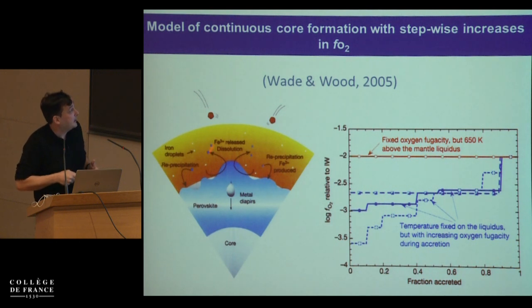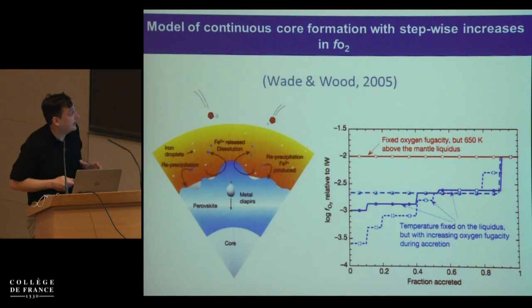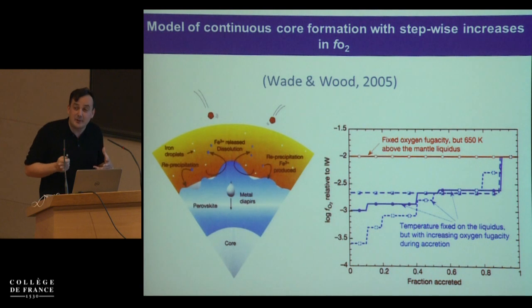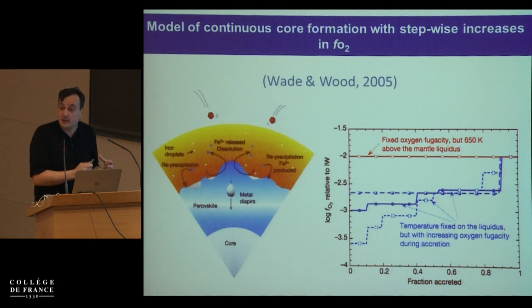And they, in fact, solved the same problem. They matched the composition of the Earth's mantle using a model where they actually changed the pressure and temperature during the growth of the Earth. But then, to actually fit all of the elements that they wanted to fit into this model, they had to loosen the constraints a bit further. They had to say, well, actually, we get a better fit when we start off with reduced material, so with very little FeO in the material that was accreting to the Earth, and later on it evolved to become more oxidizing.